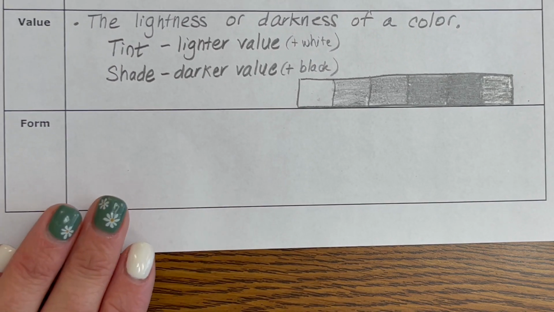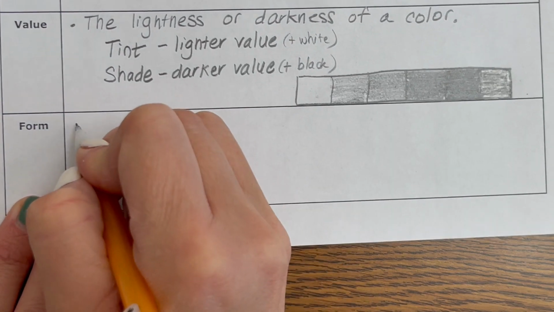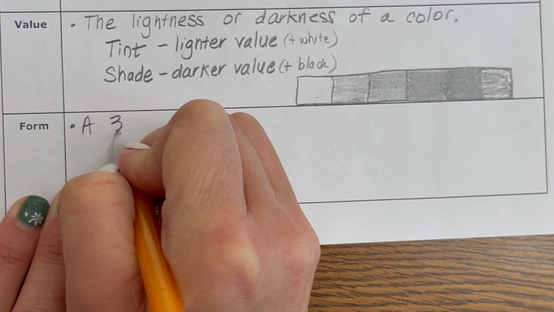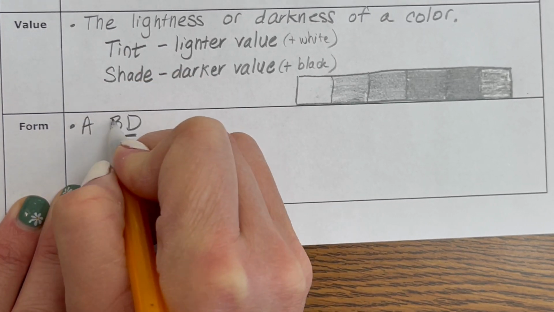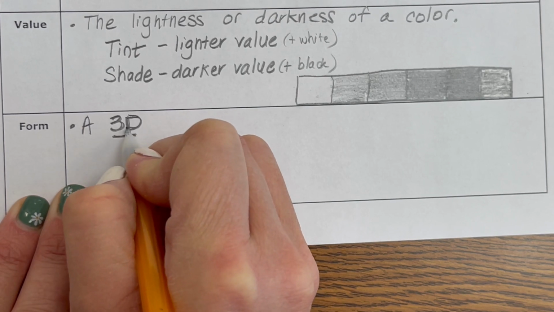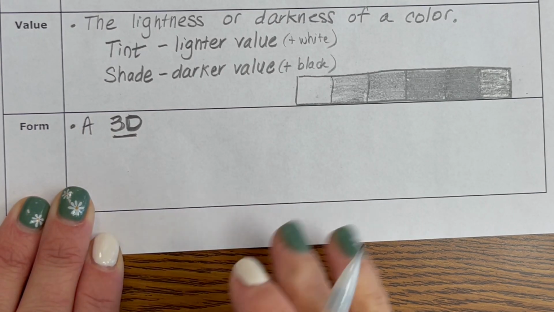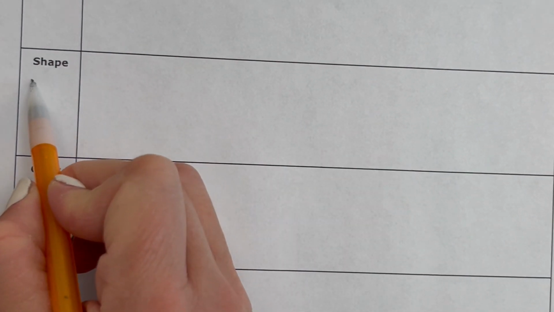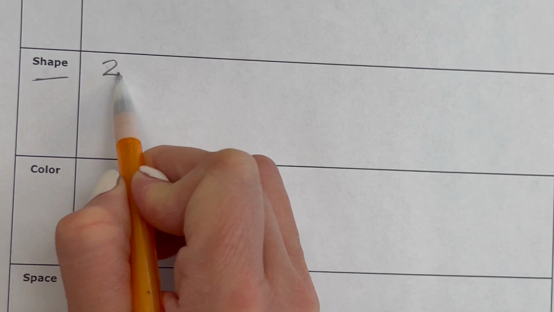All right, for form, let's write out that definition first. A 3D, and that's important, form is three-dimensional. And if you can't remember, what's the opposite of form? Shape is the opposite of form. Shape is two-dimensional.